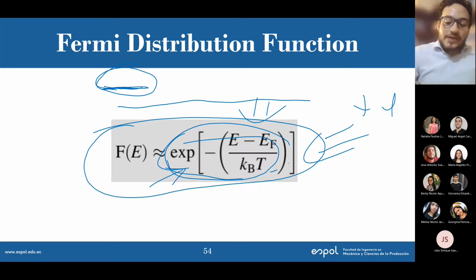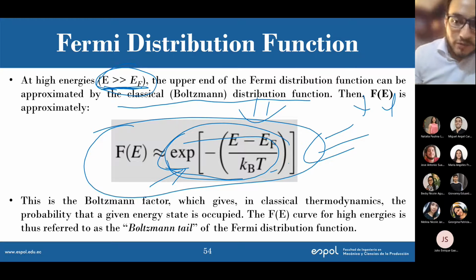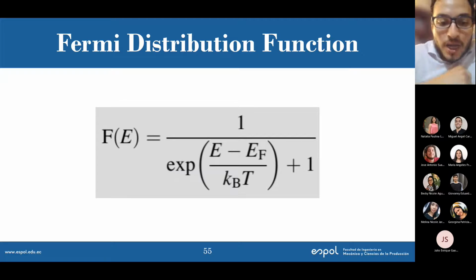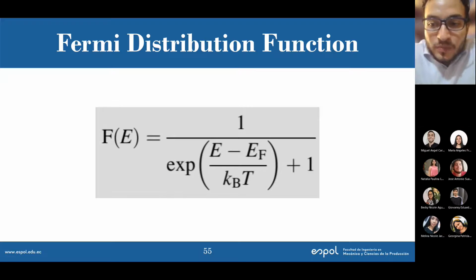Okay, so again, that's the case. So this is the Boltzmann function, right? Now, what do you think happens when E is equal to EF and T is not equal to 0? Sorry, T is not equal to 0.